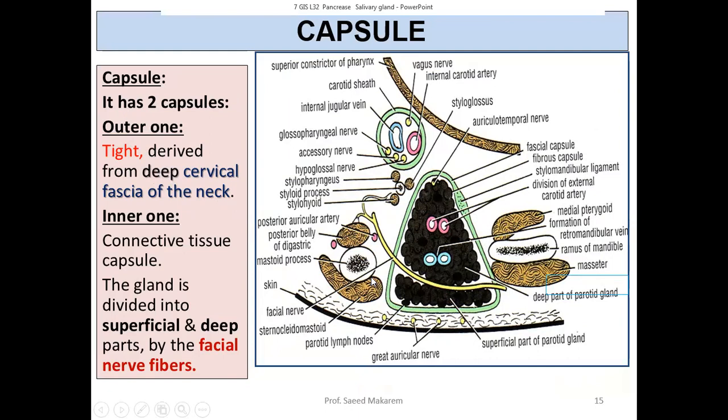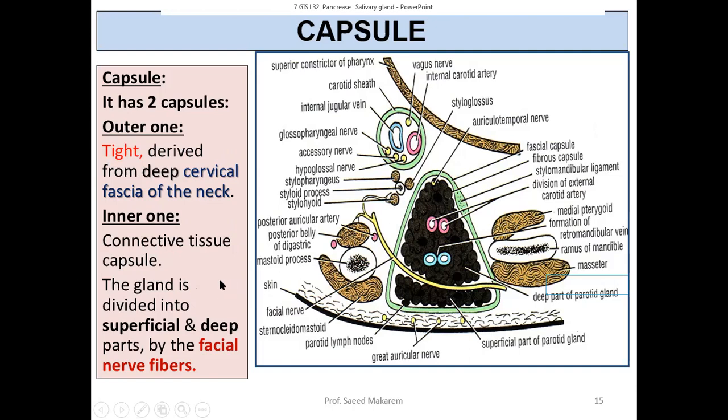In the neck, there is a special fascia called the deep cervical fascia. So the capsule formed here will be the deep cervical fascia. Then deep inside is the fibrous capsule. So the outer is derived from the deep cervical fascia, and the inner one is the connective tissue capsule.